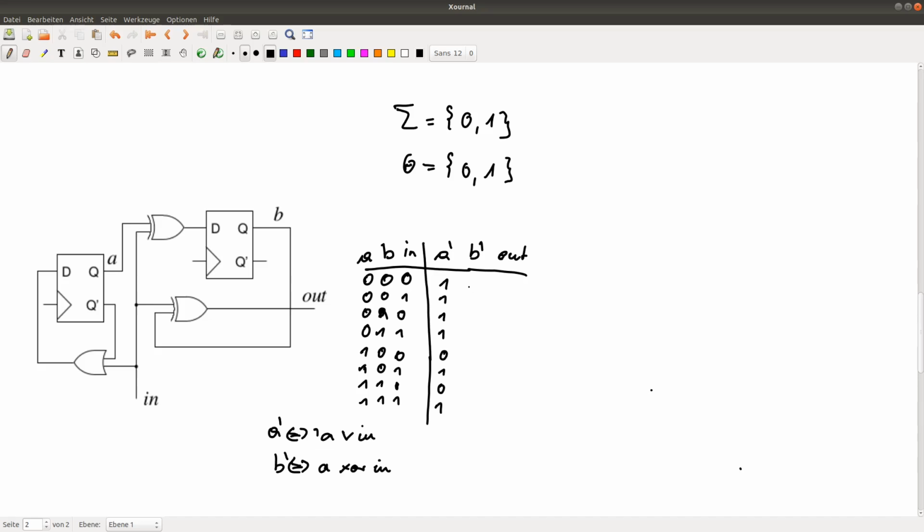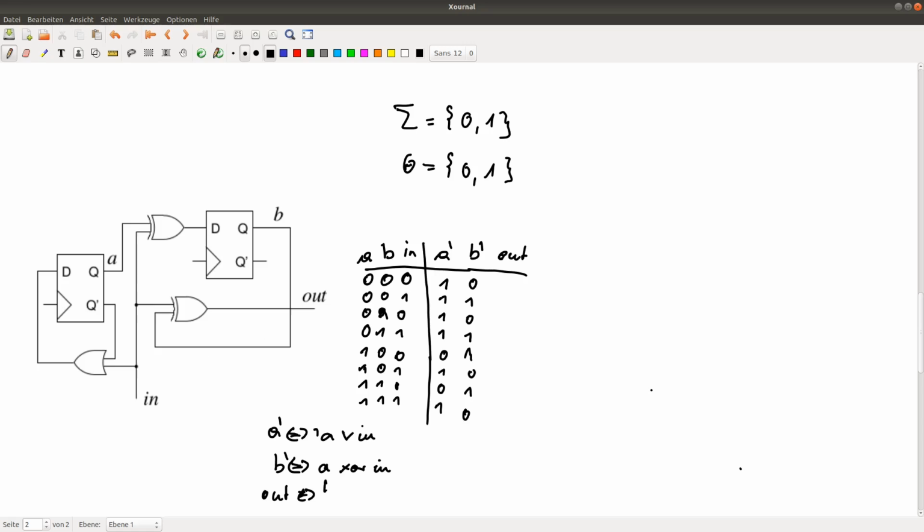This means we have a 0 here, a 1 here, a 0 here, a 1 here, and here we have 1, 0, 1, 0, and for out we have here B XOR in.